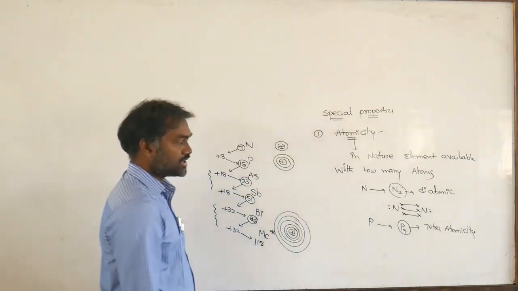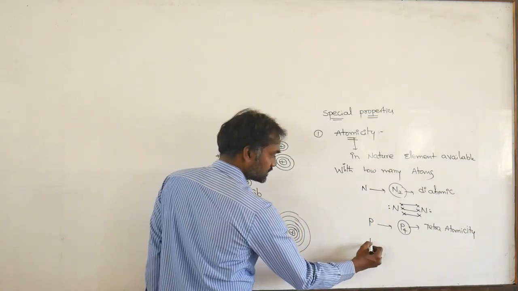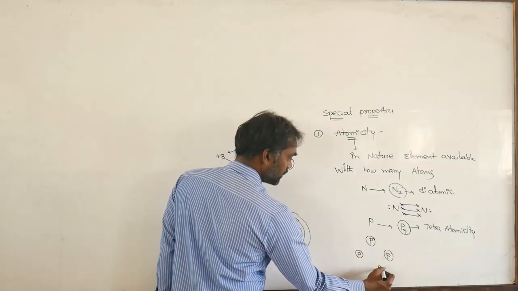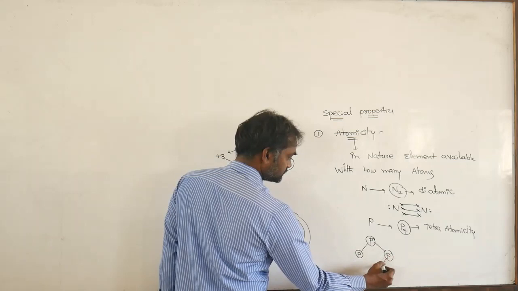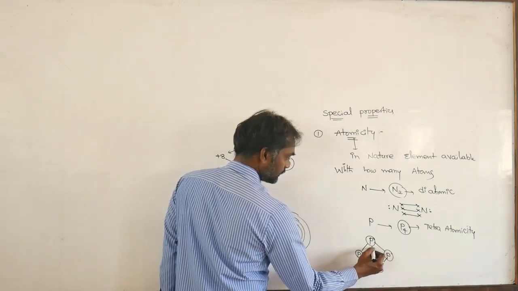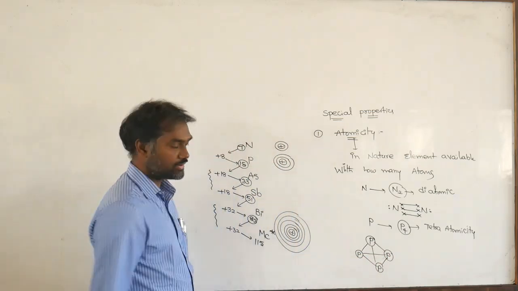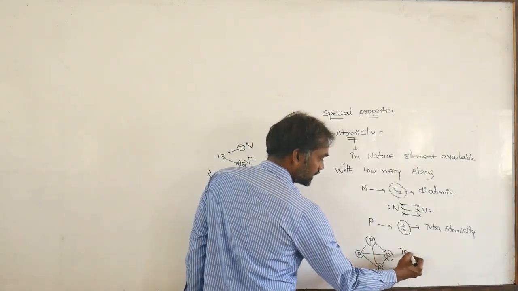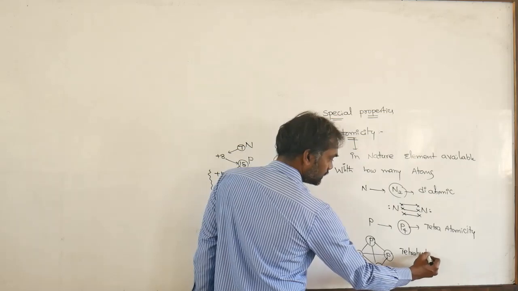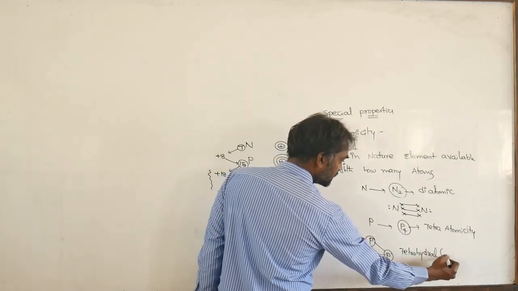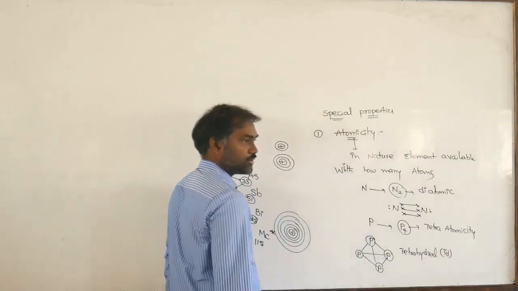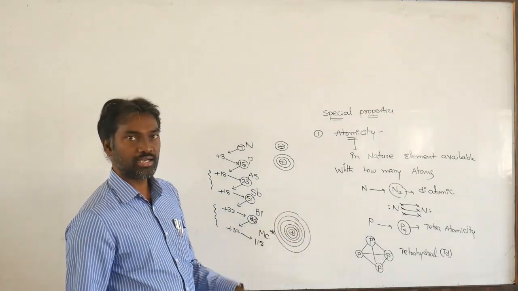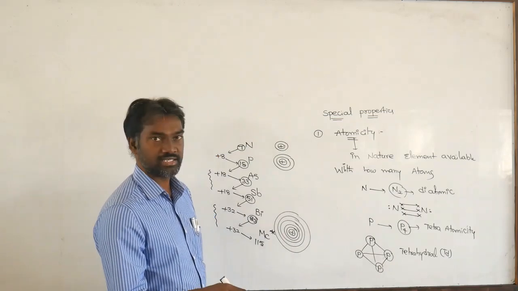The 4 phosphorus atoms are arranged in a tetrahedral structure. In future we will discuss it in detail, just a little point now. We already know that for a tetrahedral structure the bond angle must be 109 degrees 28 minutes, then only it is stable.